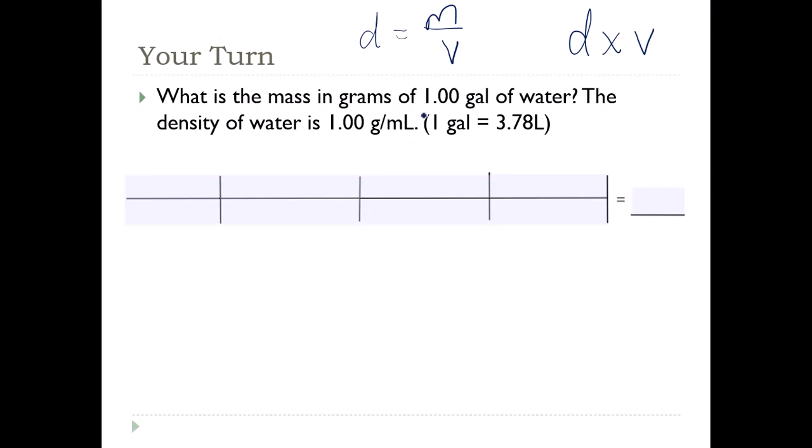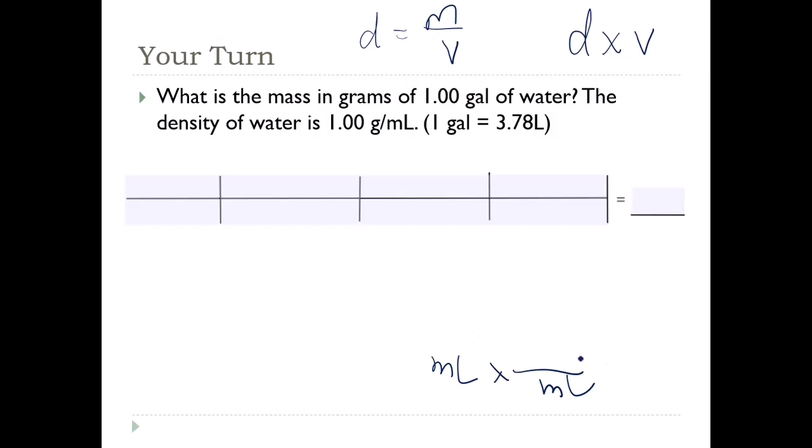But in order for the milliliter part of the density to cancel out, I need my volume expressed in milliliters also, so that when I multiply, they will cancel out. The only way they'll cancel is if they are the same unit.